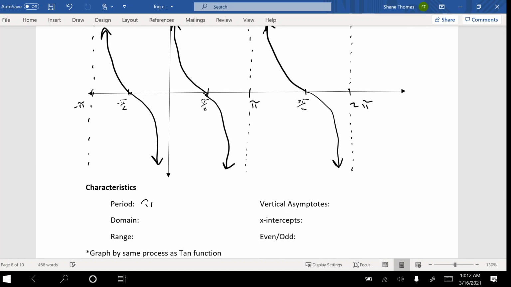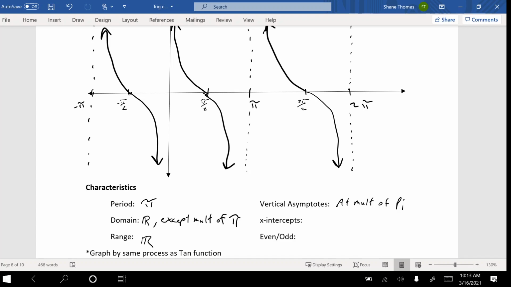Our period was pi because we made one full cycle from 0 to pi. Our domain is going to be all real numbers except multiples of pi, because every multiple of pi is going to be one of your asymptotes. And your range is all real numbers because it goes up and down forever. We have vertical asymptotes on this, at the multiples of pi.